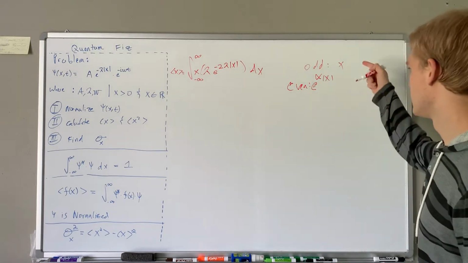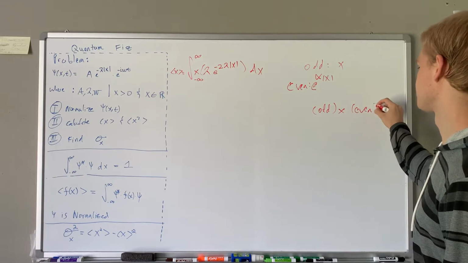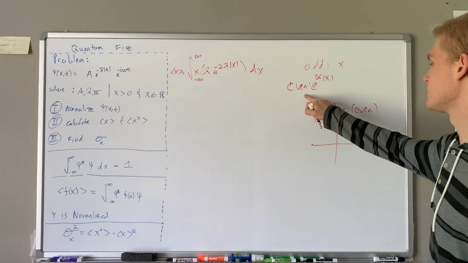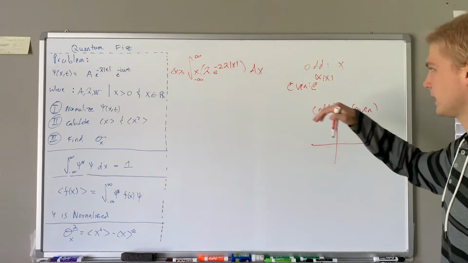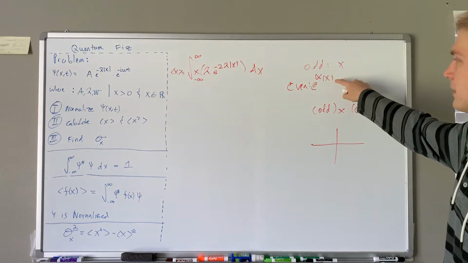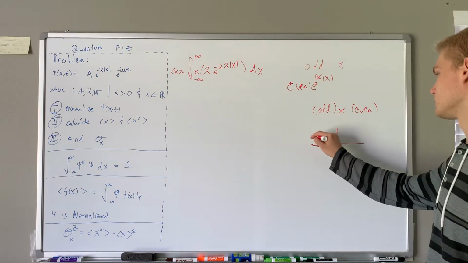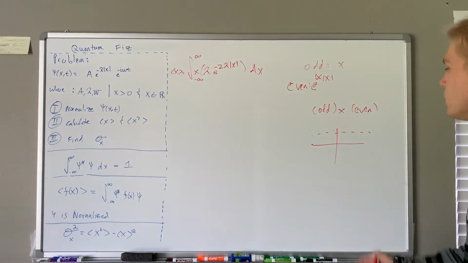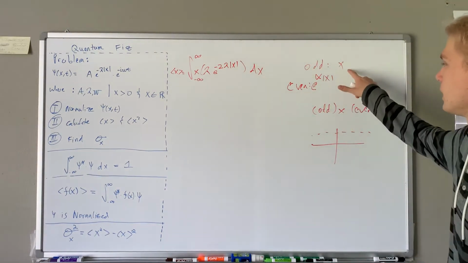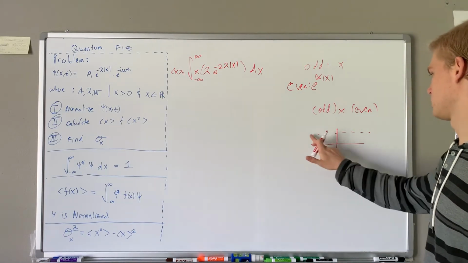And when you graph an odd function multiplied by an even function, you get something like this. This part is always going to be positive: it's e to some factor times the absolute value of x, so no matter what x you put in, it always gives you a positive value. The only thing that changes is the odd function, so when x is negative, the result is negative.